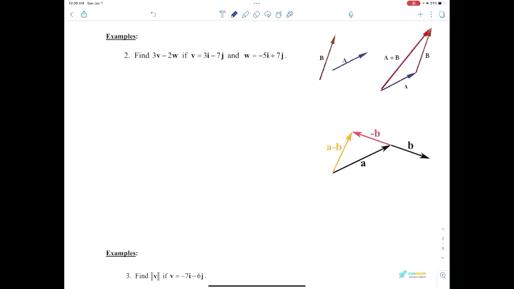For example 2, find 3v minus 2w if v is 3i minus 7j and w is -5i plus 7j. So each of these v and w are representing a different vector. Just like over here on the side, we can see a and b are different vectors. V and w are represented by different vectors.